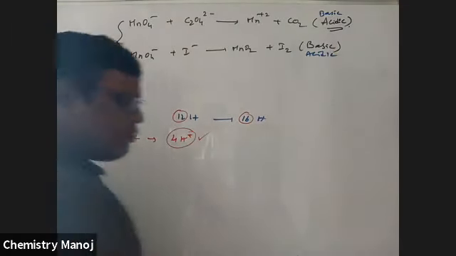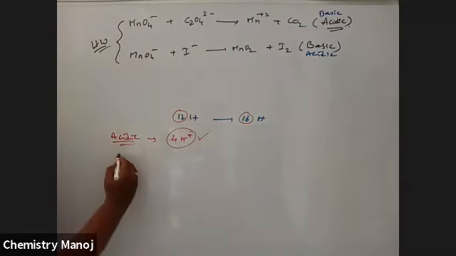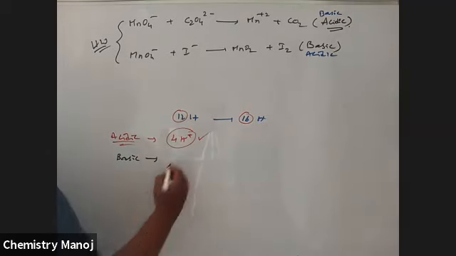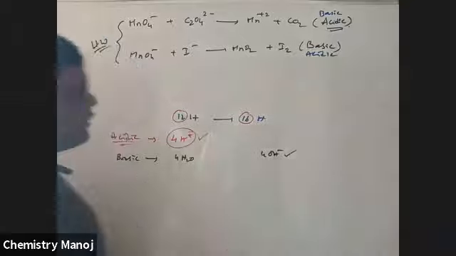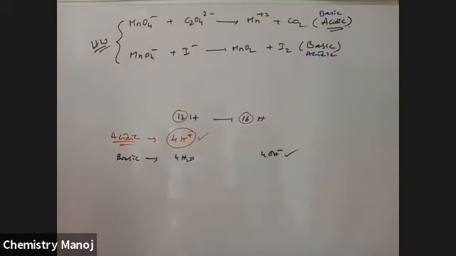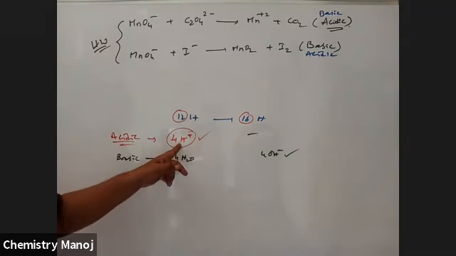If it is the same thing in basic medium, for 4 hydrogens shortage, 4 water molecules are added on the shortage side, and on the opposite side 4 OH minus are added. This is basic medium. In acidic medium, for the shortage, 4H plus is sufficient.